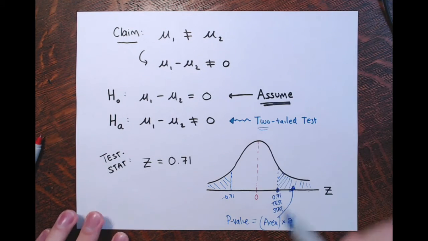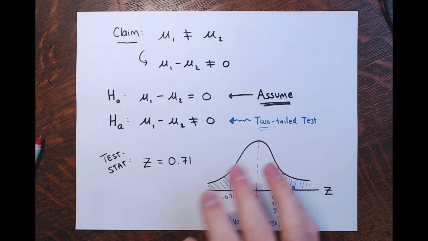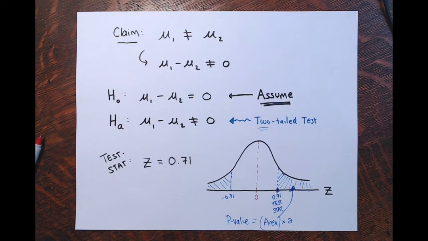But again, that's all because it's a two-tailed test. If it was just a right-tailed test, I would simply find the area to the right of my test statistic. If it were a left-tailed test, I would simply find the area to the left. But a two-tailed test is just a little more complicated.